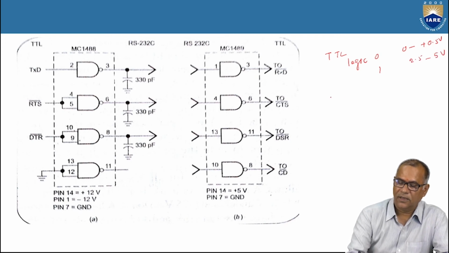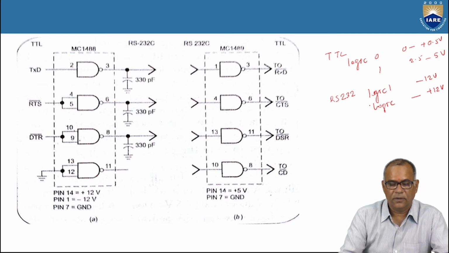Whereas in RS-232, we use minus 12 volts for logic 1, and plus 12 volts for logic 0.